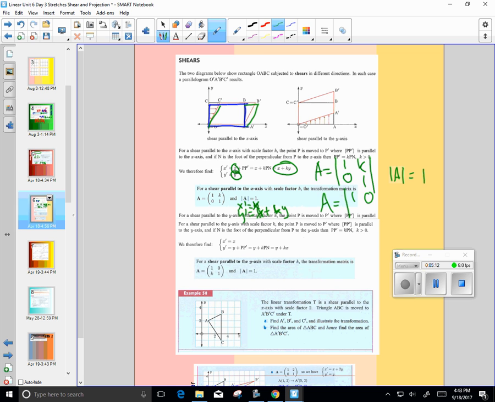Whoop, I did that wrong. So this is going to be x prime equal to x, and y prime is going to be kx plus y. So this is where you get the 1, 0, k, 1. And that determinant is also equal to 1 minus 0, which is 1.